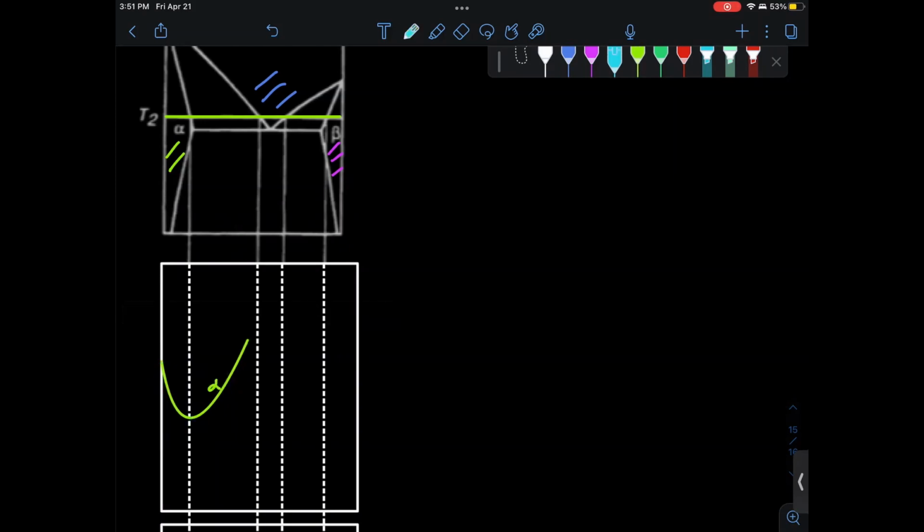Then I have a point where my liquid line and my alpha line have a common tangent, around there. From here, there's a point where I only have liquid. Then my liquid and my beta are going to have a common tangent.